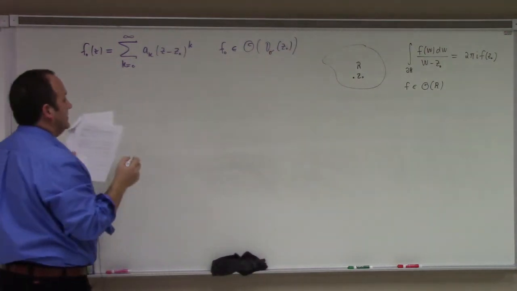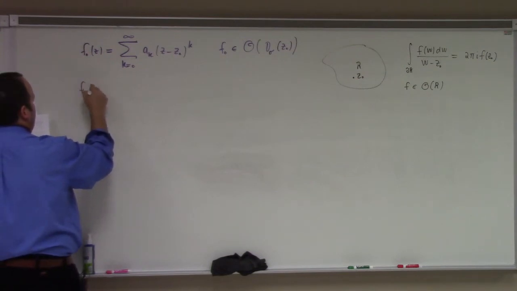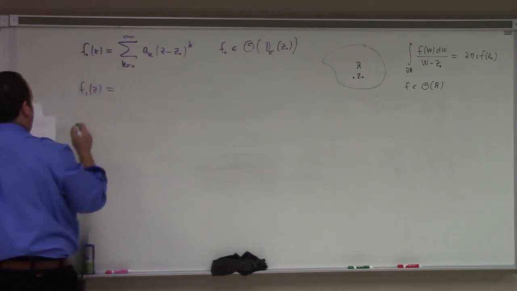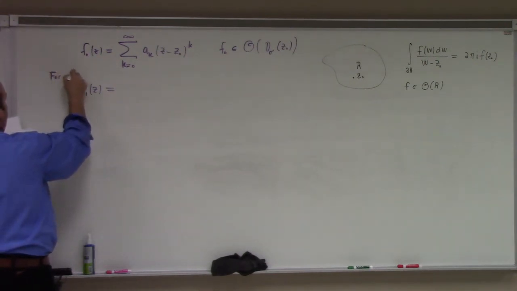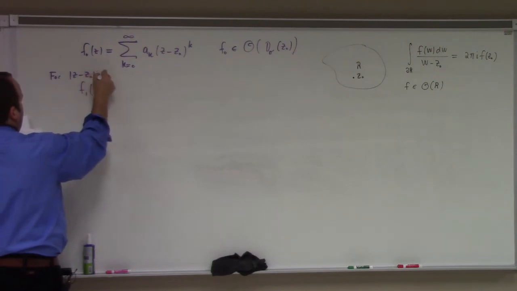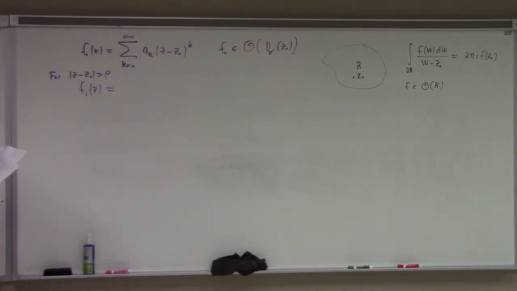But on the other hand, we also know that f1 is analytic where? For z minus z naught greater than rho, right?